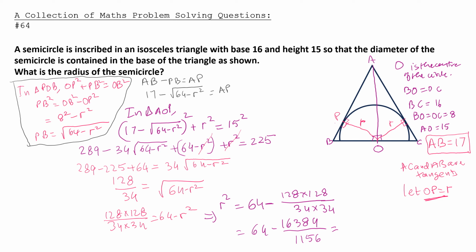That equals 64 multiplied by 1156, minus 16,384, and that gives me 57,600 divided by 1156. So that is r square.